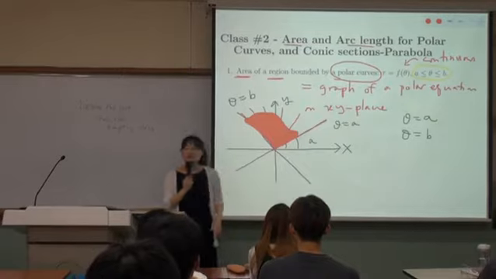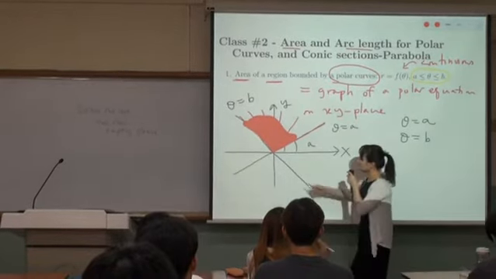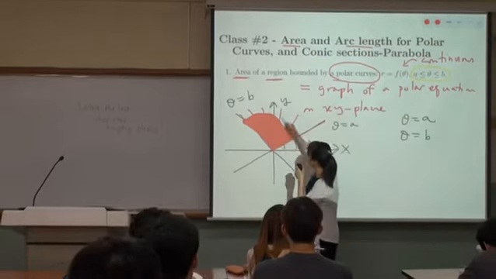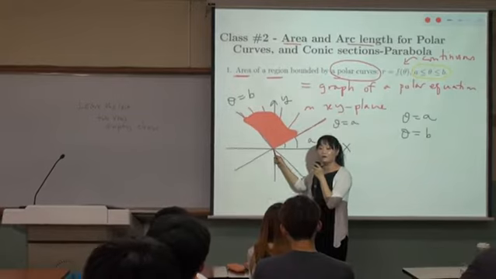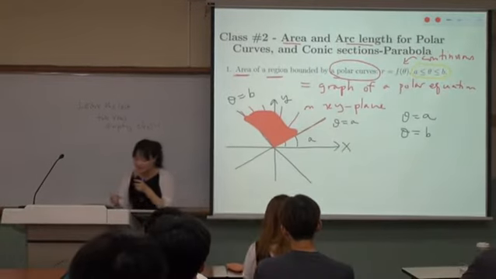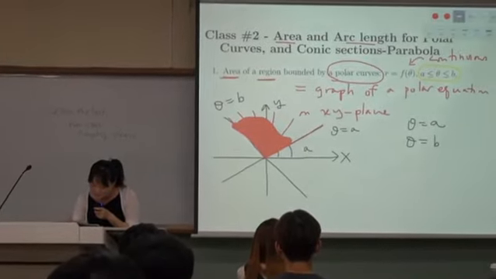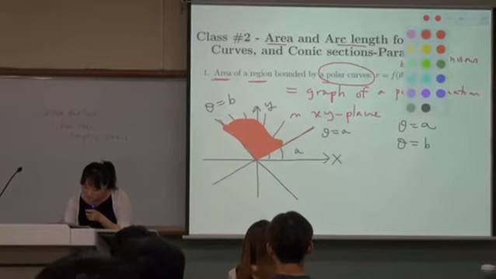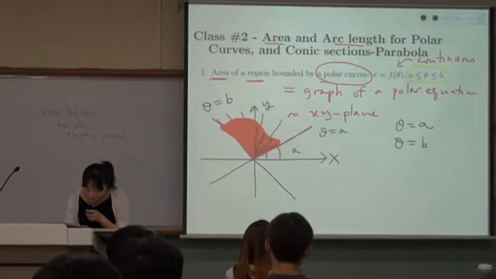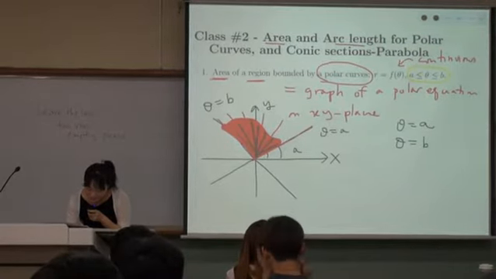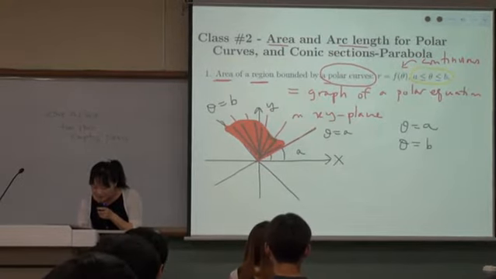So theta is from A to B, so we're going to cut so that the radial lines are from the pole. We're going to cut this in equal angles like this. Let's take one subsection.